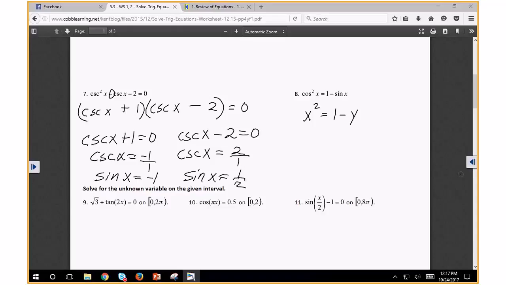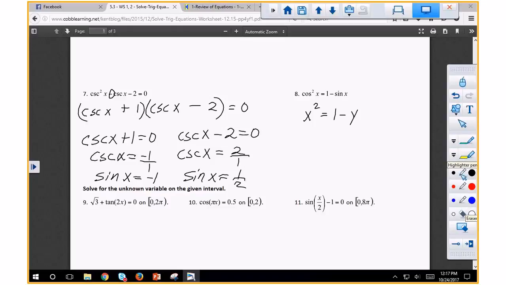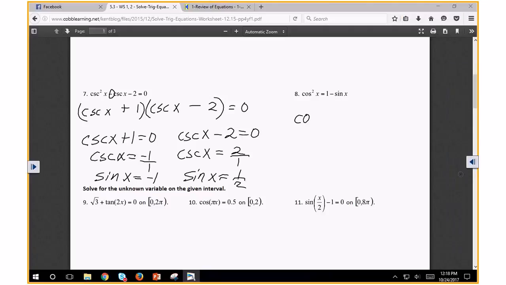Even if I squared both sides, that's not going to help. If I brought the 1 minus sign over, that's not going to do any good because the cosine and the sine, you can't reverse FOIL with the cosine and the sine. The only thing I'm going to do is take the square root. That'd be cosine x is equal to the square root of 1 minus the sine of x.